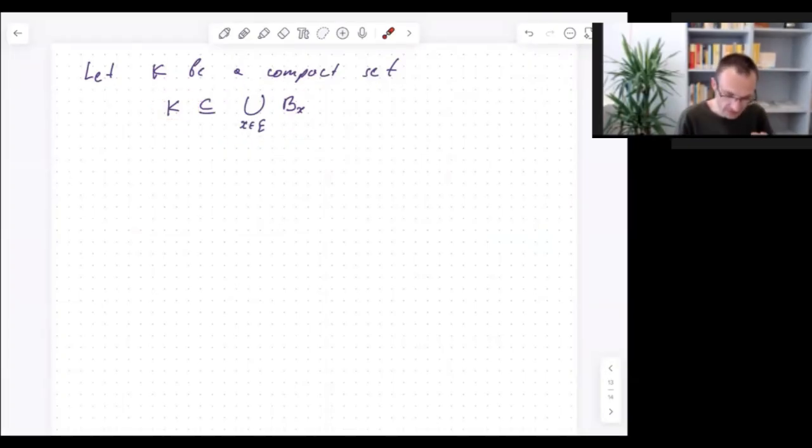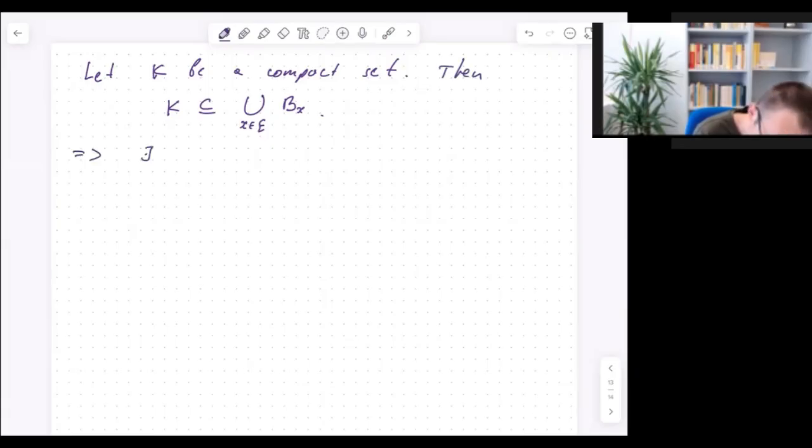And since the set K is compact, you know that we can choose a finite subcover. This implies that there exist x1 and so on up to xm from E such that K is a union of the corresponding balls, the union over i from 1 to m of B(xi).